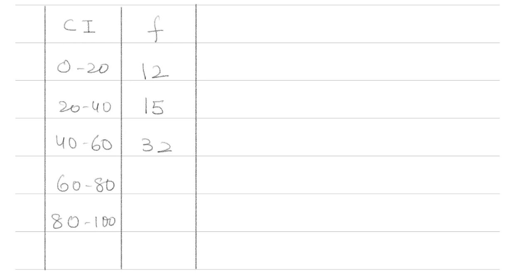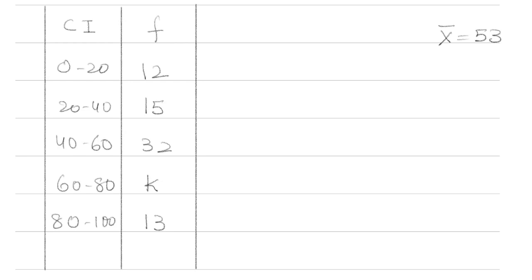Class intervals 0 to 20, 20 to 40, 40 to 60, then 60 to 80 and 80 to 100. And we are given the frequencies as 12, 15, 32, and we have a missing frequency as K here, and we are given this as 13. We are given mean is 53.